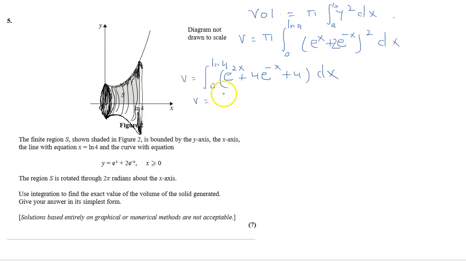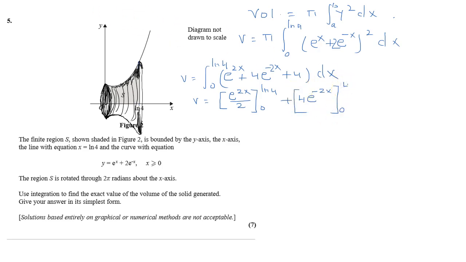So volume is equal to e to the power 2x over 2, from 0 to ln 4, plus 4 times, this is also 2, e to the power minus 2x, from 0 to ln 4, plus 4x from 0 to ln 4.